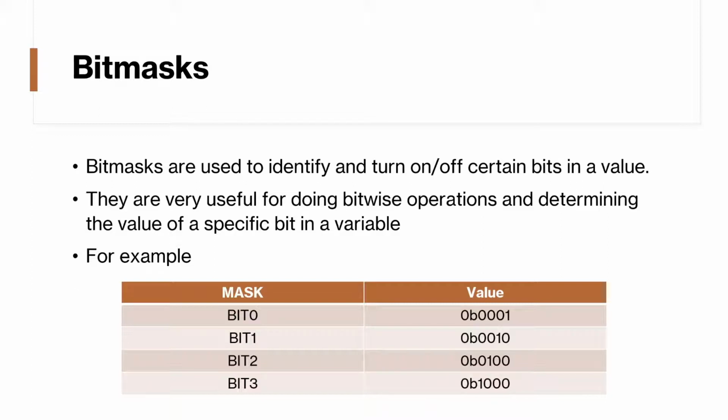You can add your own meaning to them, but this is as small as you can go. The good thing is that if we define these masks, we don't have to type 0b0001 every time we want to refer to that bit. We just type bit 0. We kind of just use them as a shorthand. And these bit masks will allow us to do a bunch of cool stuff to that bit location in a value.